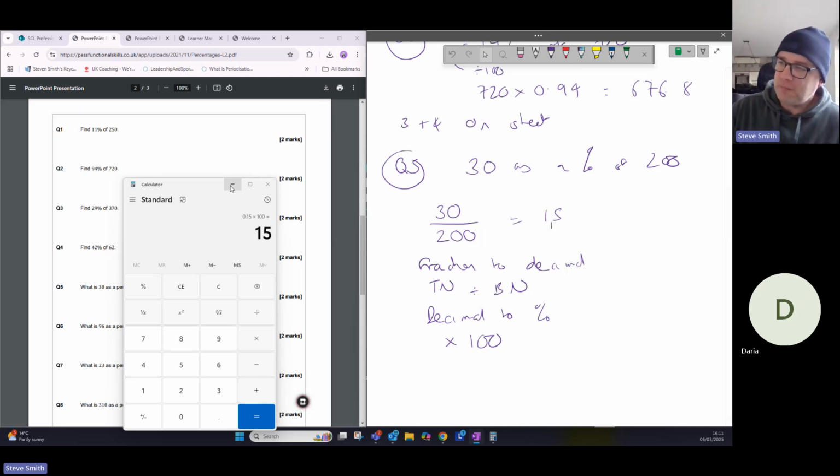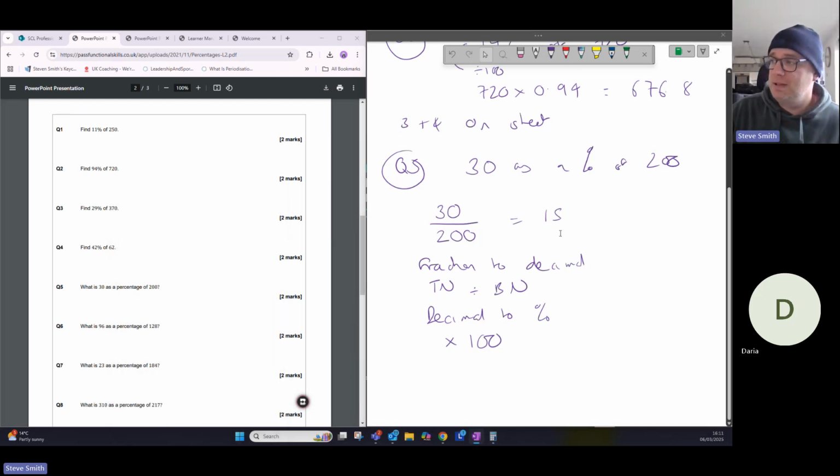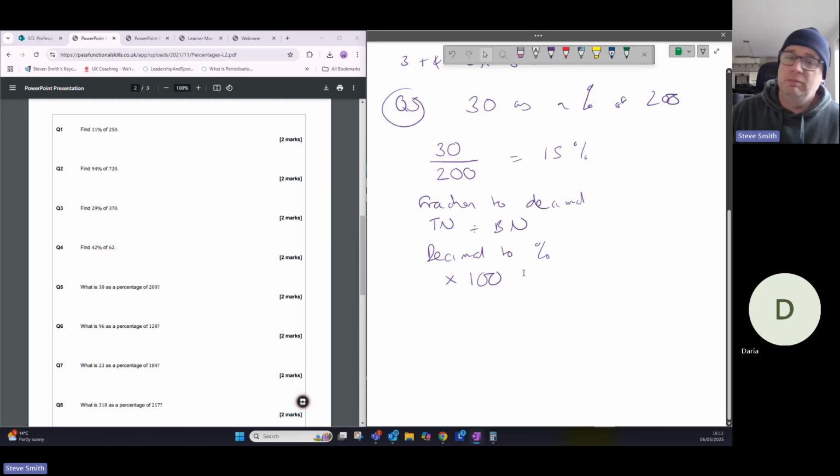For me, again, if you're comfortable doing it in a different method and you're getting the same answer, as in that you're getting 15, then absolutely carry on using your method. Maths is a subject where all over the world it's taught slightly differently and we get the same answer. For me, I've got used to doing certain methods.